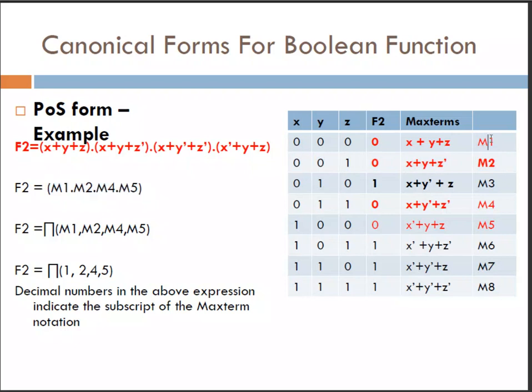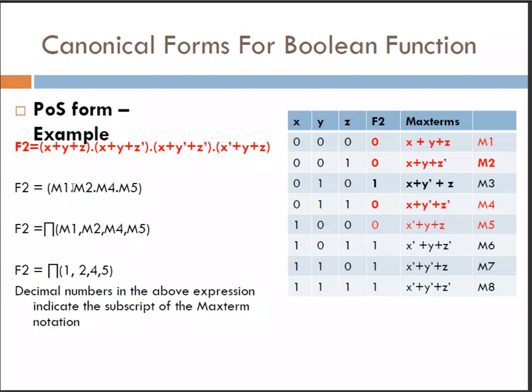So it means that we will have M1, M2, M4, M5 joined with a dot, because it is a product of sums. This max term stands for x, y, z. This M2 is x, y, z bar, and so on.